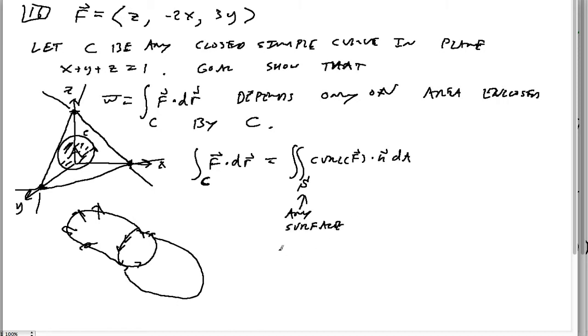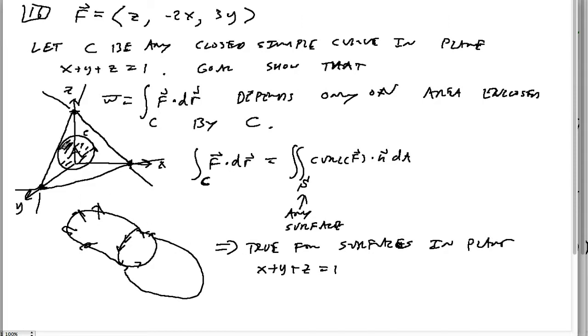Okay, so if it's true for any surface, then it should be true for surfaces in the plane x plus y plus z equals 1.